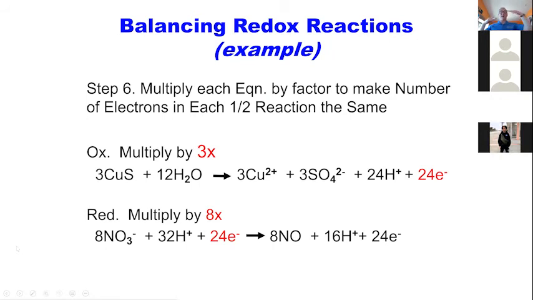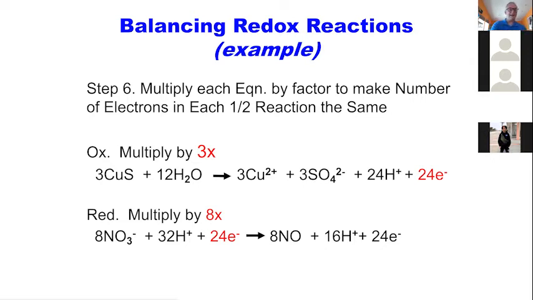Now we need to balance our electrons, because with one reaction we had 8, and the other one we only had 3. We have to figure out what to multiply both of them by. We're looking for the least common multiple, so we get the same number on each side. For 3 and 8, the only thing we can do is multiply one by 3 and the other by 8.